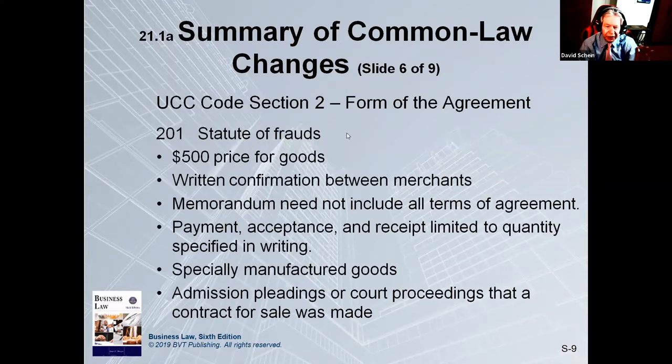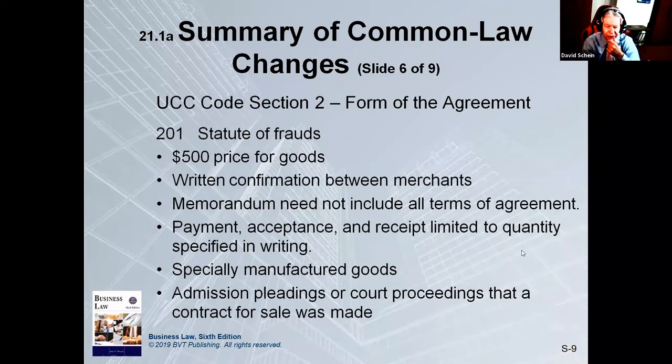Now, keep in mind a tie-in between the statute of frauds that we talked about toward the end of Module 3 and the Uniform Commercial Code. We talked about the sale of goods has to be at least $500 for a written confirmation to be required. Again, the memorandum need not include all the terms of the agreement.